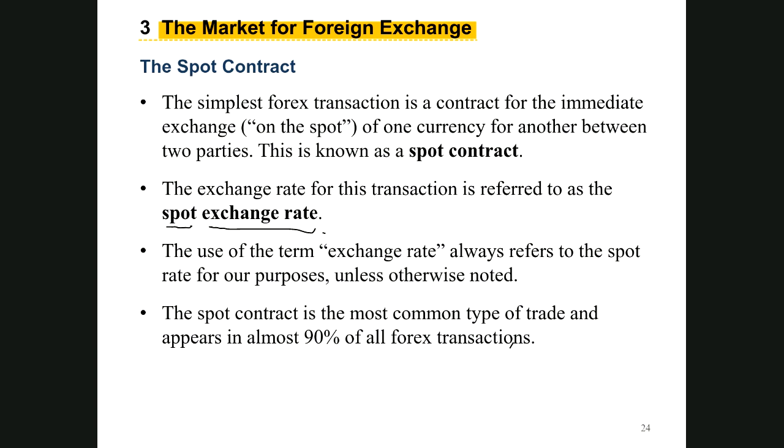The simplest forex transaction is the contract for the immediate exchange, on the spot, of one currency for another between two parties. This is known as a spot contract. So everything we have learned in the previous table refers to the spot exchange rate. The one you see is the price that you buy or the price you sell.